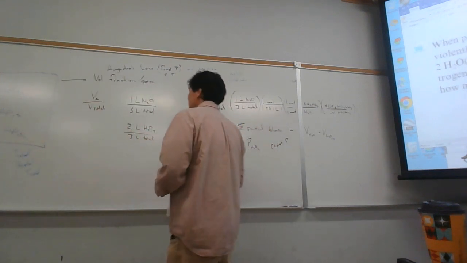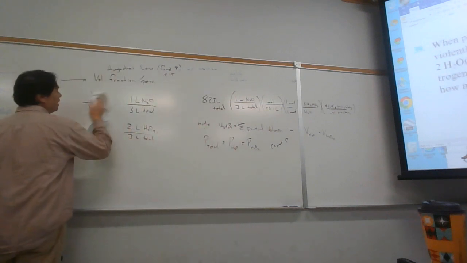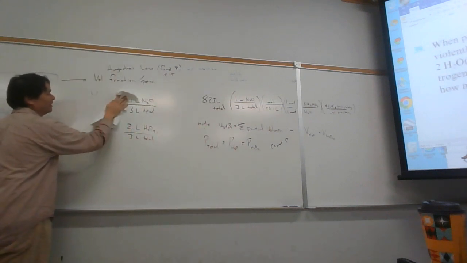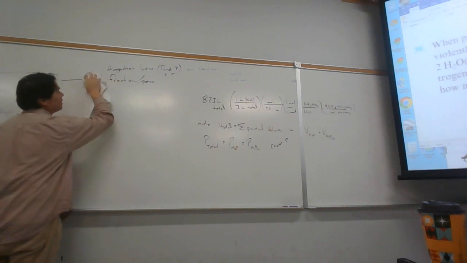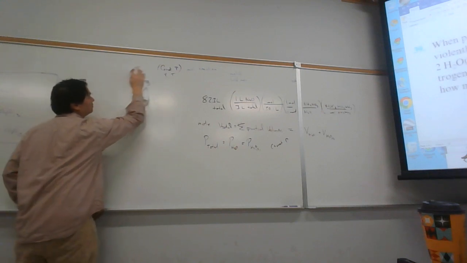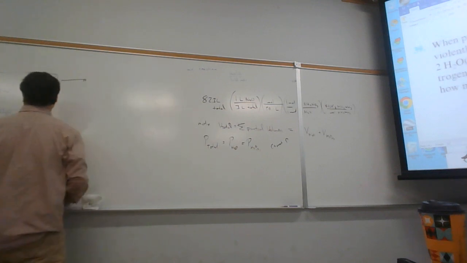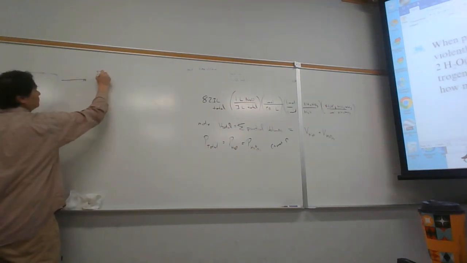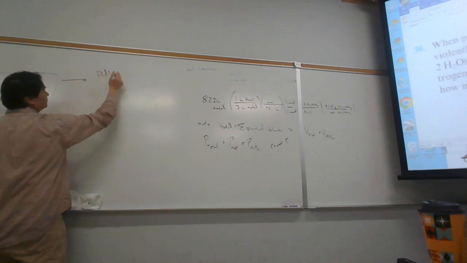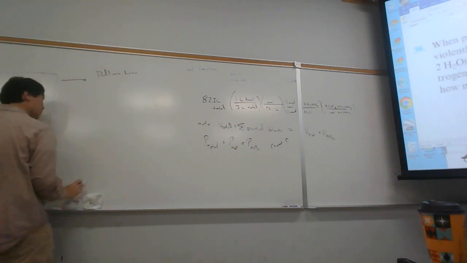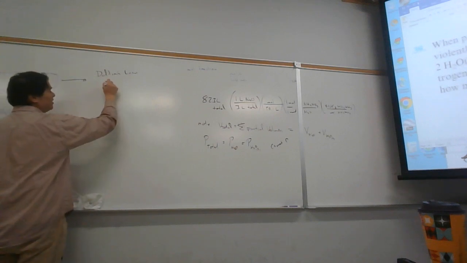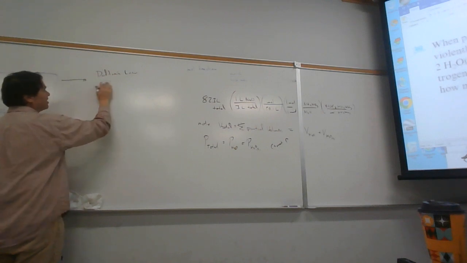The other way of visualizing this mixture is not by Avogadro's law. The other way of visualizing this mixture is by Dalton's law. Well, actually, we'll look at the pressure fractions here.